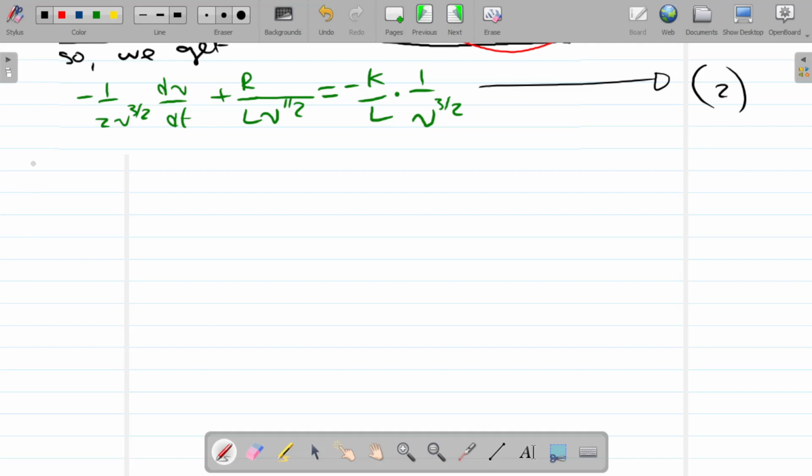So multiplying through by, I'll write this down, multiplying through by 2v to the power 3 over 2.